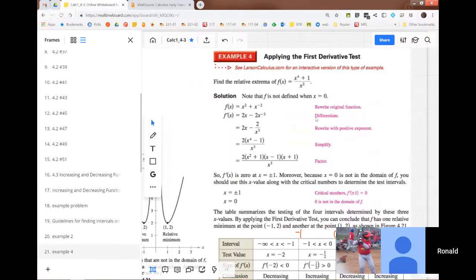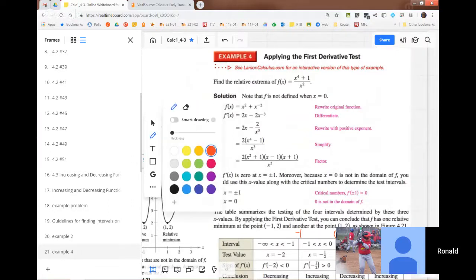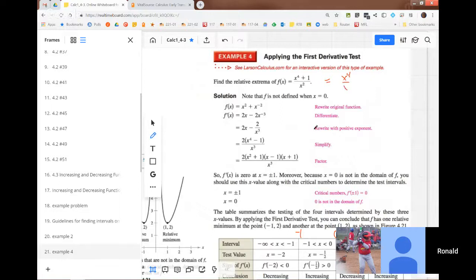What they didn't show, but what they really wrote, is x to the fourth over x squared plus 1 over x squared is another way to write this. Well, this is x squared, and this is x to the negative 2. So that's how they got that. Okay, so then you take the derivative, 2x minus 2x to the negative 3.